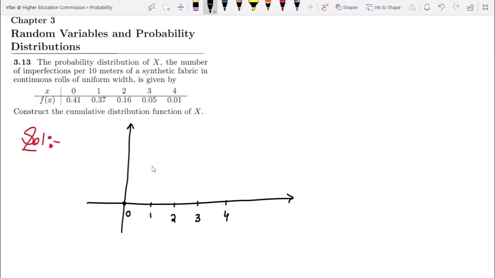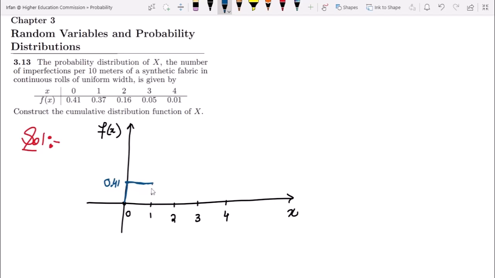These are all the values of x, and this is f of x. In order to find the values here, let me write them with this blue color. For 0, the value of f of x is 0.41, and let me write it here. This is 0.41.